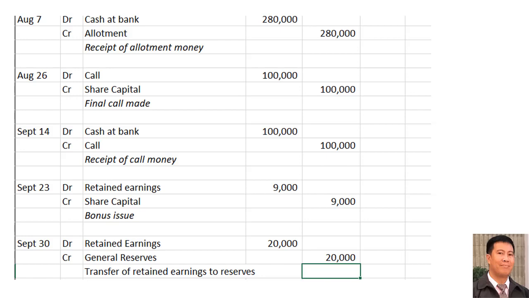General reserves may signify that the company is ready to allocate a certain portion of their income on certain activities, for example, if they want to expand their business. So it's just signifying that we're ready. We are allotting a certain portion of our profits just to make sure that we will be able to fund the future project. So that is one example of general reserves. There will be plenty of reasons why the company is putting reserves.